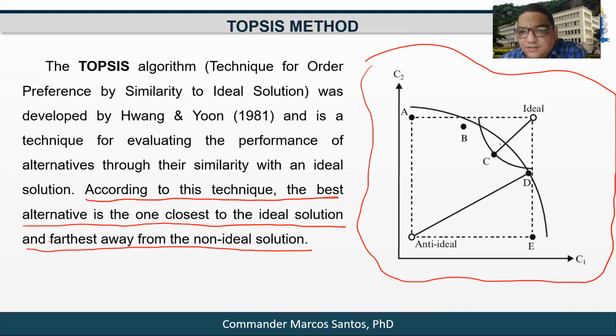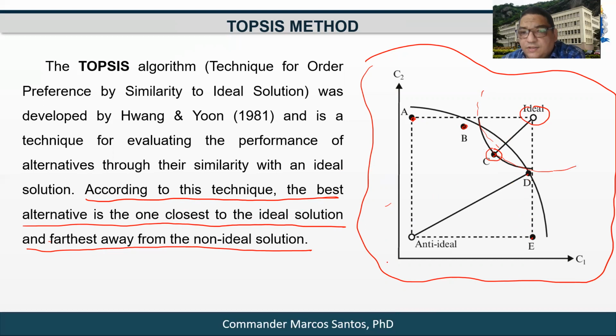You can see here the ideal solution. In this case, the best alternative is the one closest to the ideal solution. So I have alternatives A, B, C, D, and E. In this case, the best alternative is C, because alternative C is closest to the ideal solution.